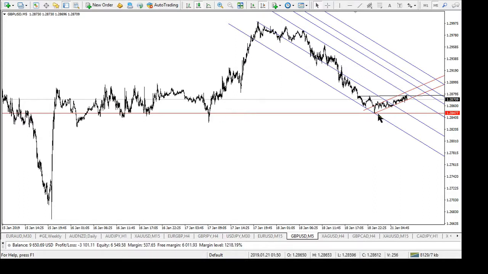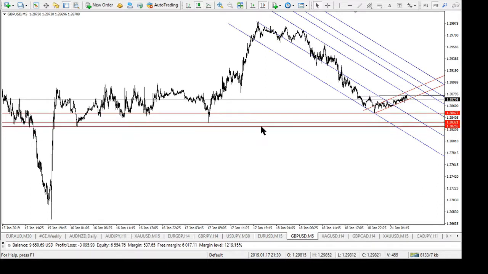So basically either a break below this level and continuation further down, or, if the market can't do that, a break above.